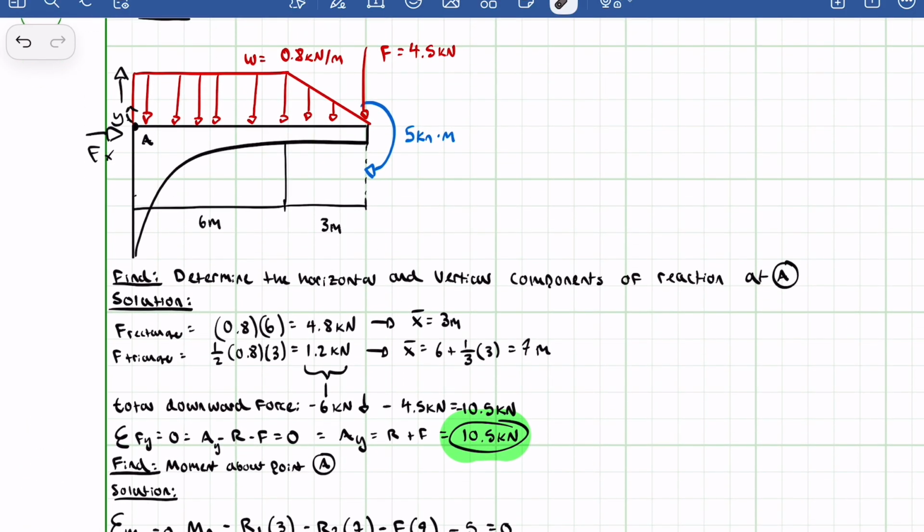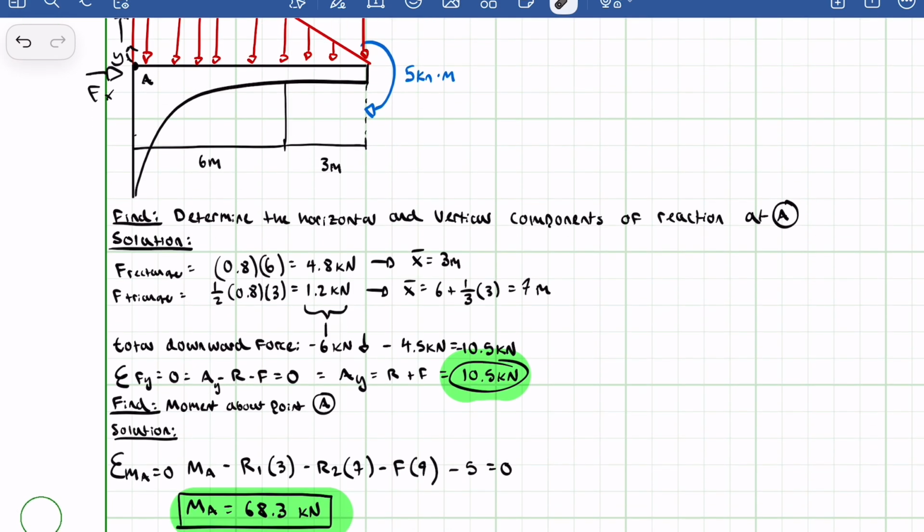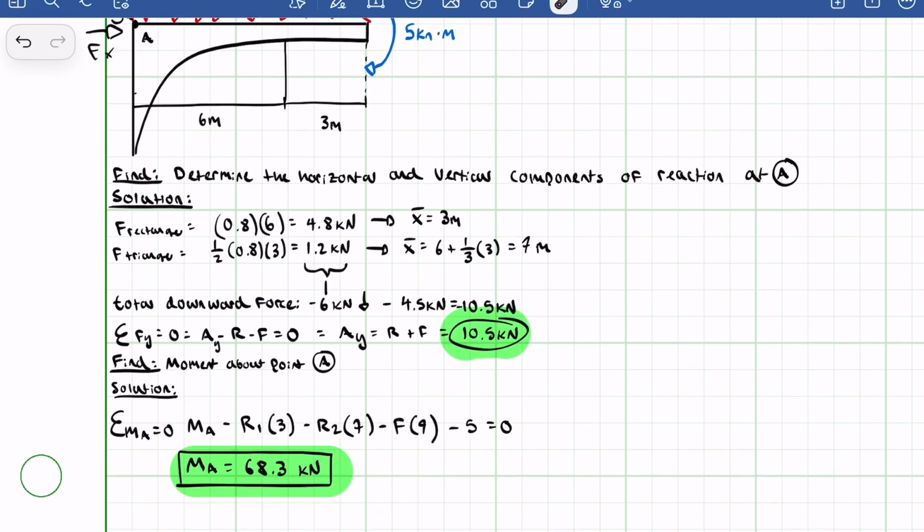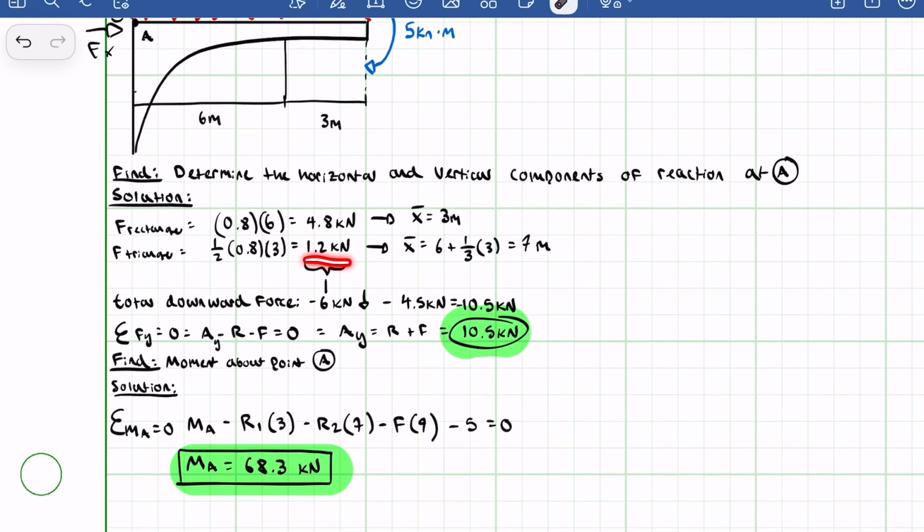For the force of the triangle, we're going to do the same thing. We need to find the area of this in terms of W. So we have 3 meters, and we have 0.8 thousand newtons per meter. Multiply those together, but then, oh wait, it's a triangle, so you have to multiply that by 1/2. That will give you 1.2 thousand newtons.